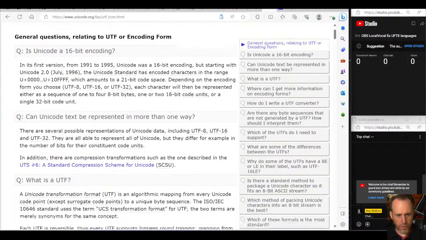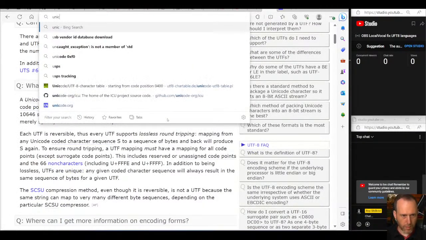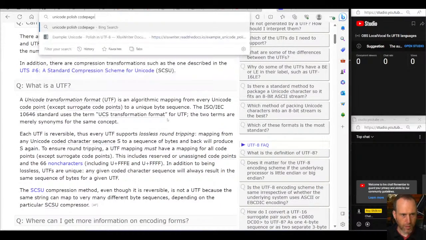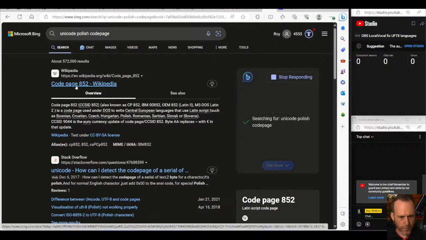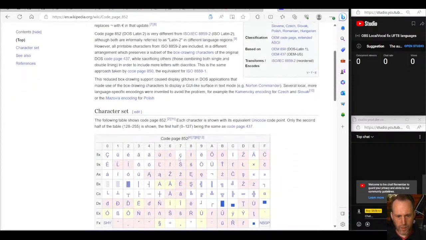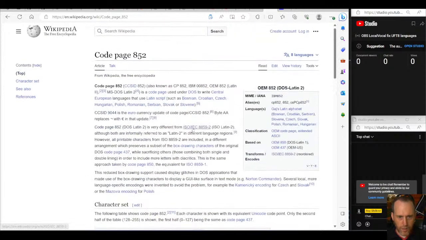But I absolutely have to understand what is the Unicode Polish code page. Code page 859. Is it? Do we have code page 859?